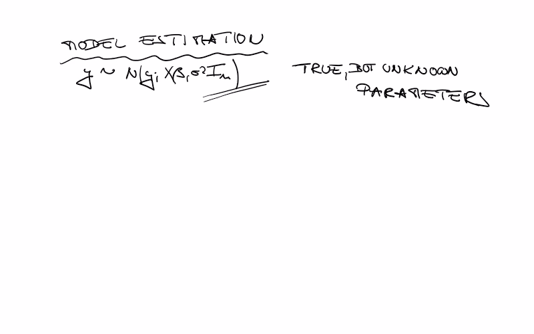In fact, when we now work through model estimation, you will never know them. With statistical modeling and probabilistic models, you never disclose the true but unknown parameters.